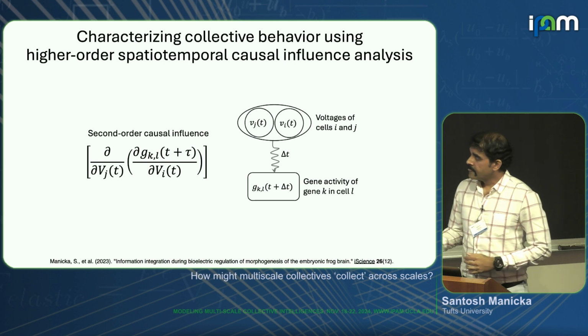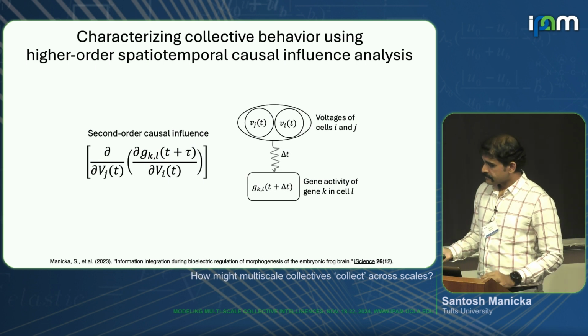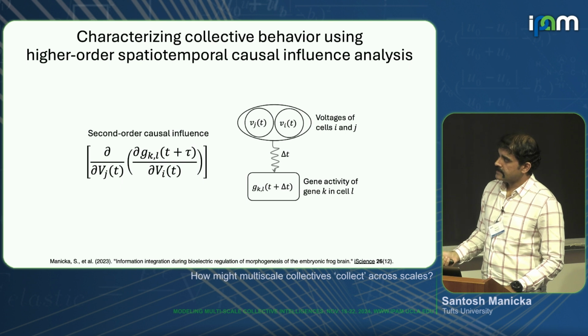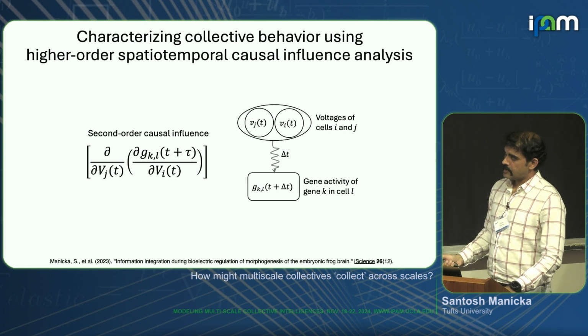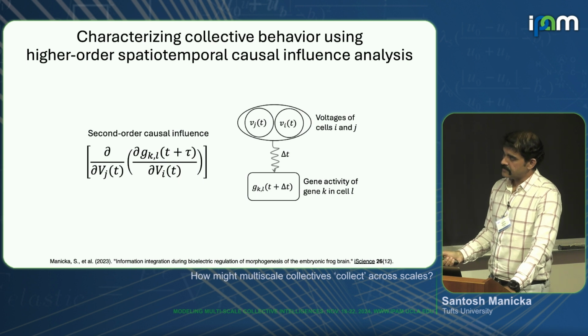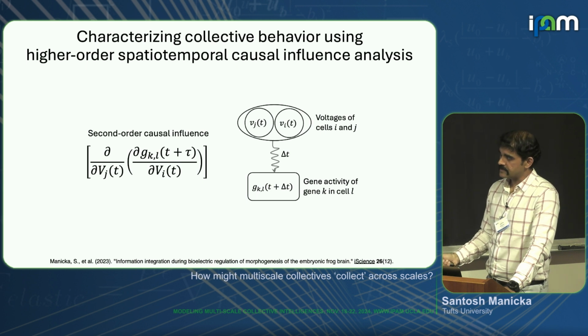How does that happen? So to do that, we considered again a measure of causal influence, but now we considered a second-order causal influence. So this second-order partial derivative keeps track of changes in the gene activity due to changes in pairs of membrane potentials, in the membrane potentials of pairs of cells.